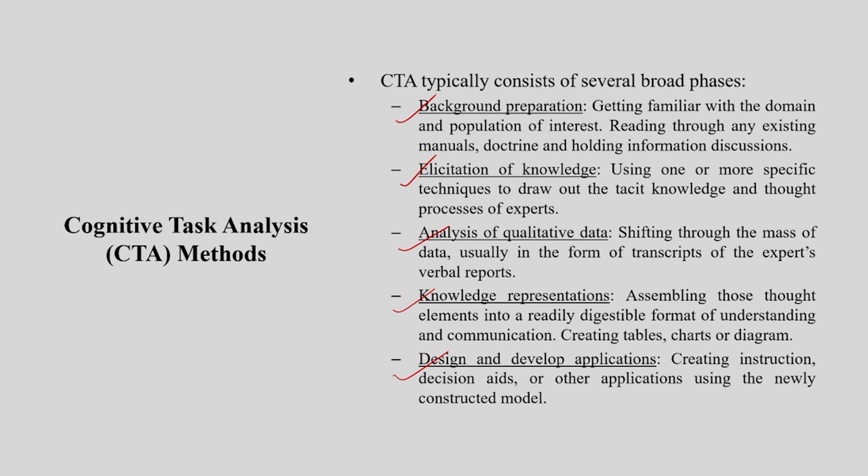Next is elicitation of knowledge. That means using one or more specific techniques to draw out the tacit knowledge and thought process of the experts. It is very important, as whenever we are talking about anything related to ergonomics, the human is the main component.